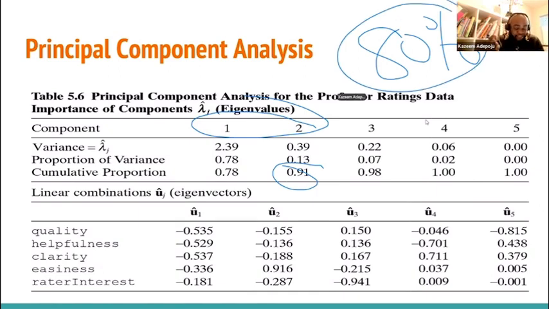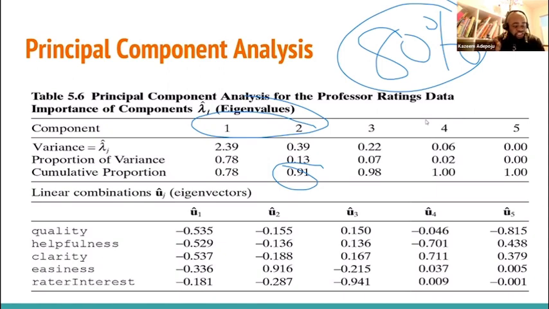So we are not going to use all the principal components that we have created. Don't forget, initially we had 5 variables. They correlate. And when they correlate, we derive 5 new principal components, 1 to 5.